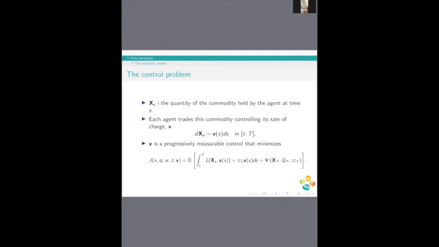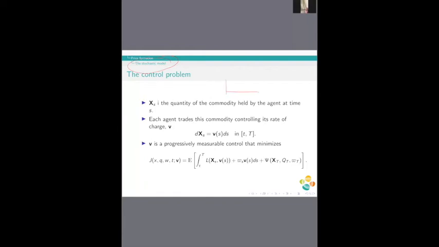Now, let me explain a little bit the stochastic model. So this is the next topic to explain. In this case, the situation is a bit different, because we have a supply and a price that is progressively measurable. So the price is random.